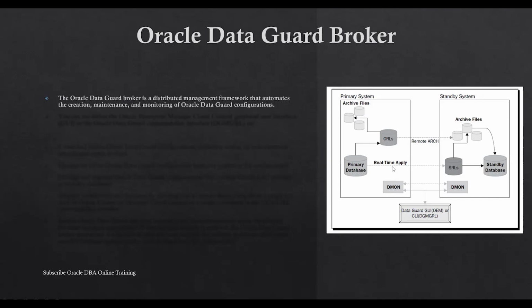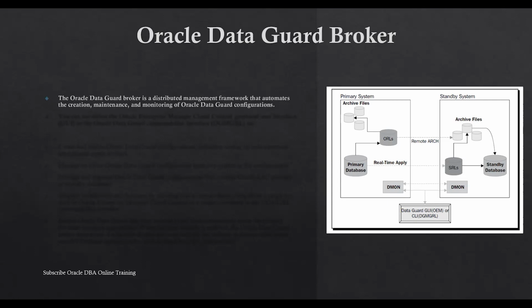If you look at this diagram, this is my primary database, and the online redo log files are getting archived, and parallelly it is transferring those archives to the standby database also. So my standby redo log files come into the picture, and by using the standby redo log, my redos are getting applied.